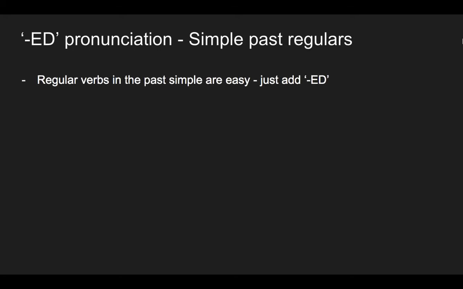Okay, so making a regular verb in the simple past is easy. You just add ed. Play, played. Call, called. Watch, watched. Work, worked.